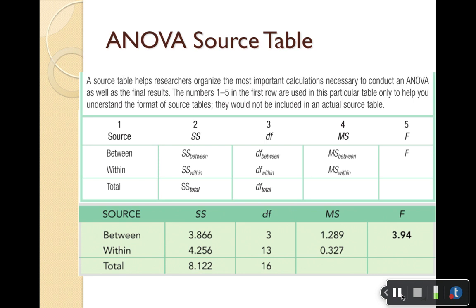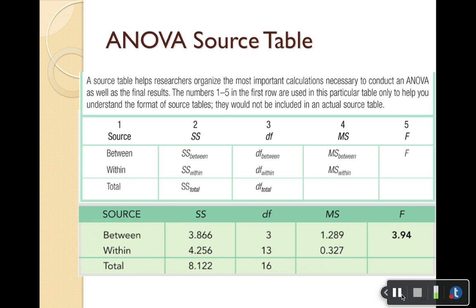For our degrees of freedom within, we're actually taking the sum of the individual degrees of freedom for each group, which is based on the number of people. So if you recall, arts and sciences had 5 people, so we would do 5 minus 1. The other groups each had 4 people, so we would do 4 minus 1.